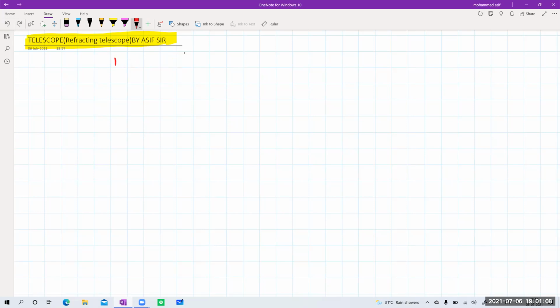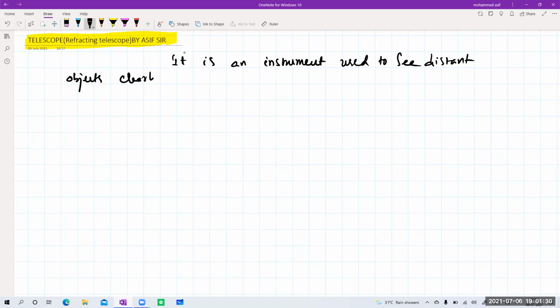First, the definition. It is an instrument used to see distant objects clearly, called a telescope.